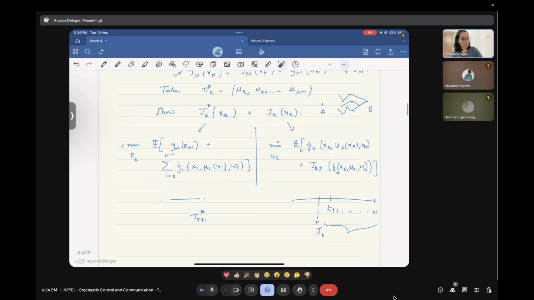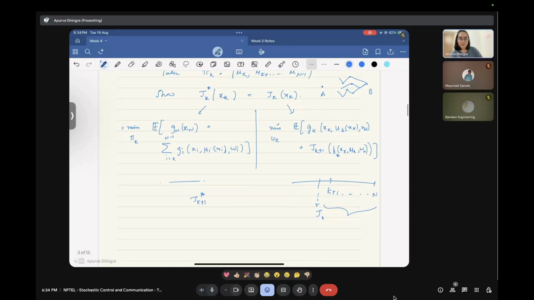So remember, what was shown in the proof was that at each time step, whatever jk of xk we get, which is based on this equation, is actually the optimal from starting from a particular node, some intermediate step in the process, till the last step or last terminal steps.